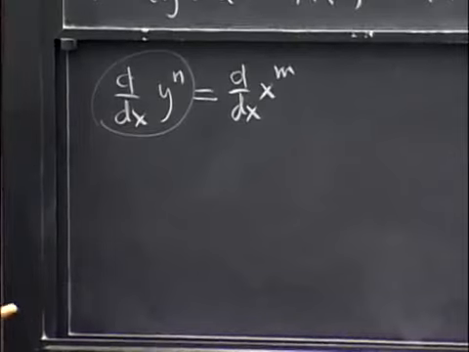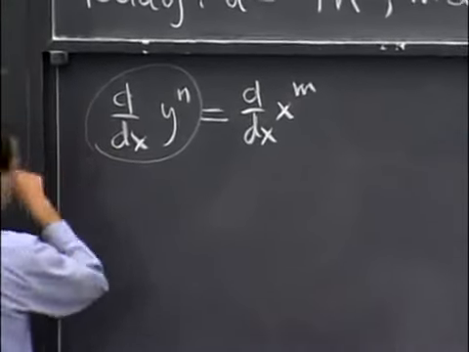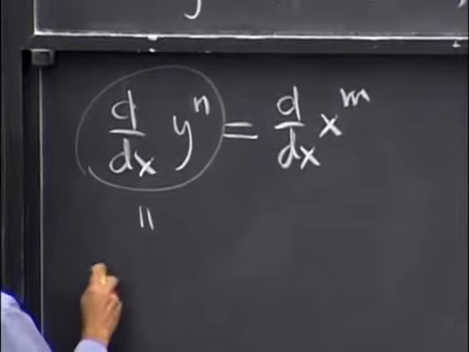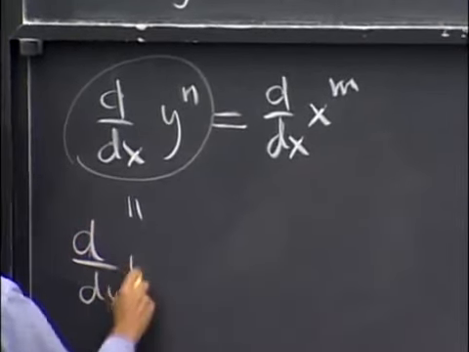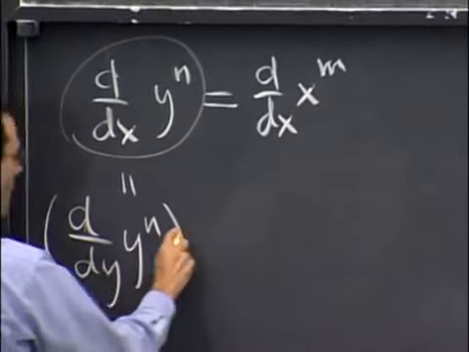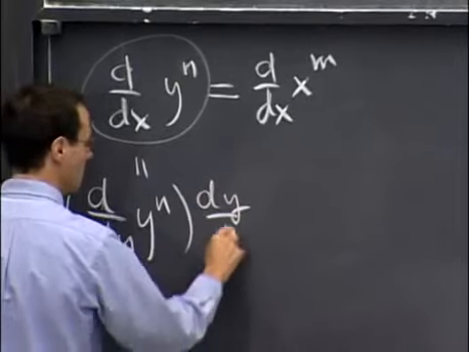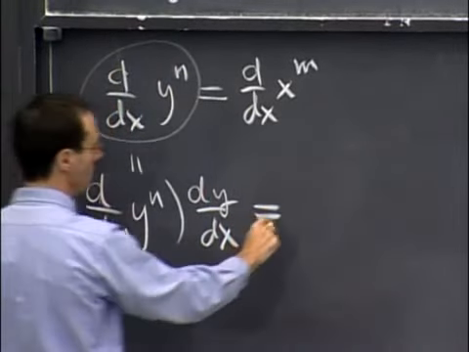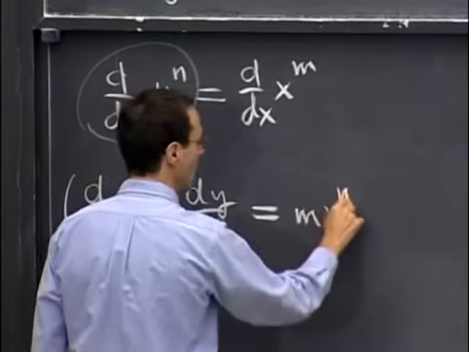So we have to apply the chain rule here. So this is, by the chain rule, d by dy of y to the n times dy dx. And then on the right-hand side, we can just carry it out. We know the formula. It's m x to the m minus 1.